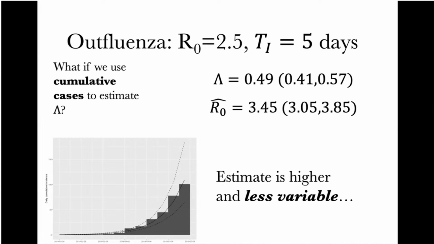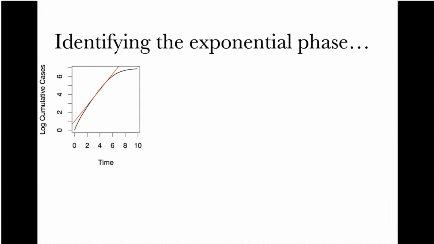Is there a method of estimating how many weeks is early or how many days is early? We can discuss that a bit. So, identifying the exponential phase. If something is growing exponentially and you log transform it, then you come back to a linear scale.